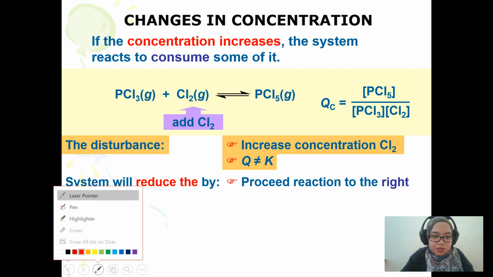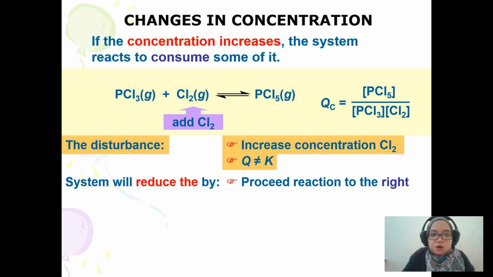Okay, so when we increase the chlorine, the system needs to reduce the chlorine gas. How? It will shift the equilibrium position to the right. Okay, why to the right? Because when we shift the equilibrium position to the right towards the product, it will consume the chlorine gas. Why? Because the chlorine gas will react with the PCl3 gas to form product.